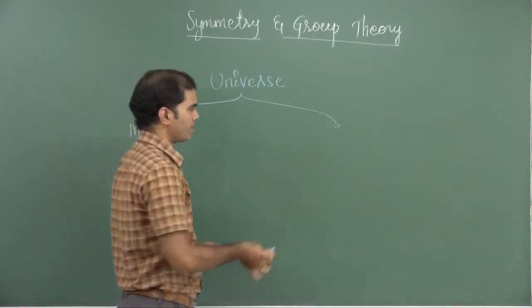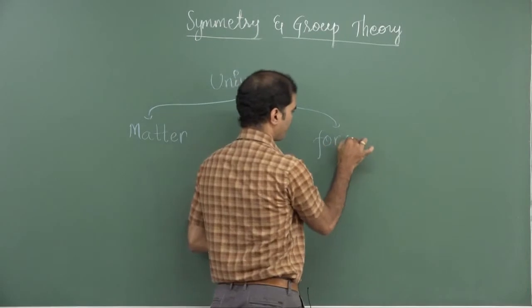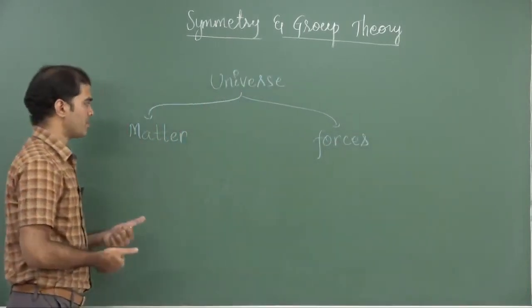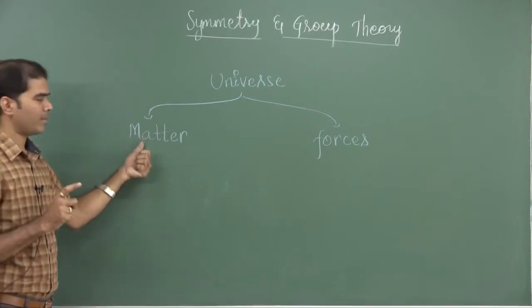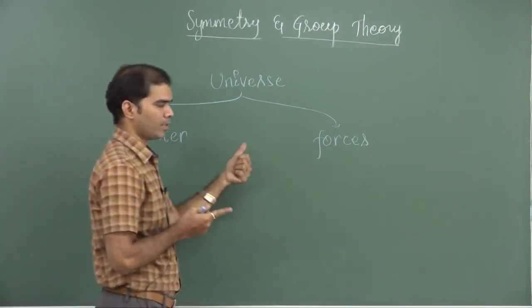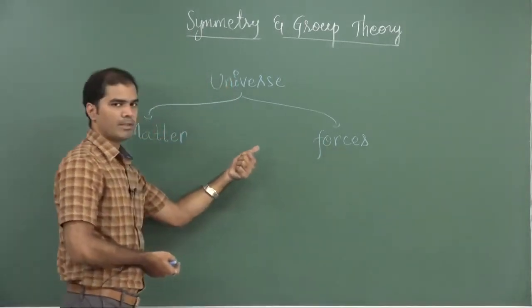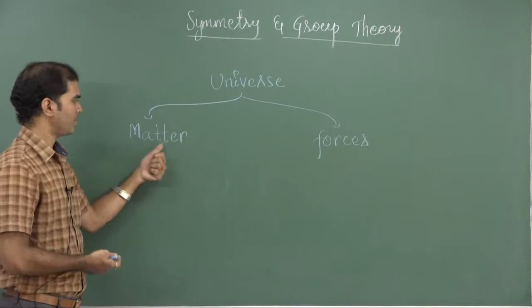One is the matter, and the other one is the forces that keep the matter intact. So matter and forces. This matter or forces, they are made up of something which has spin.